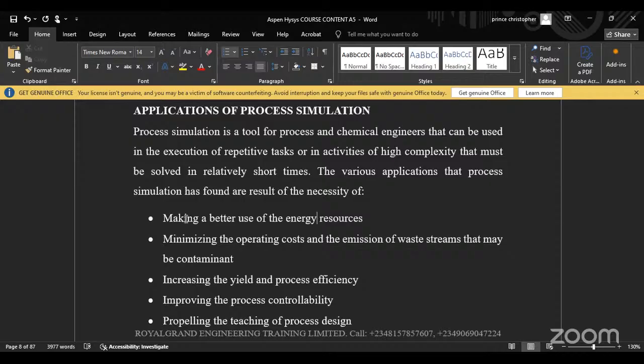So, for instance, you are separating two volatile components, or let's use crude, for instance. You want to get gas or kerosene, for instance.